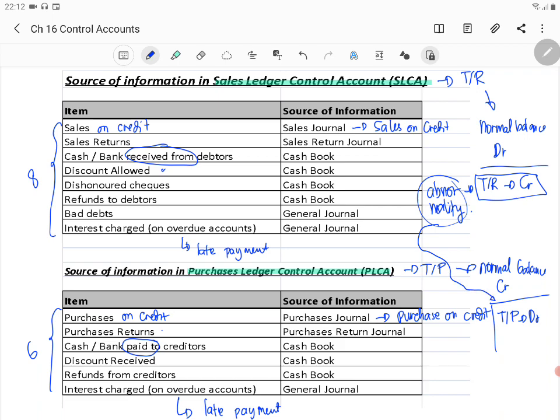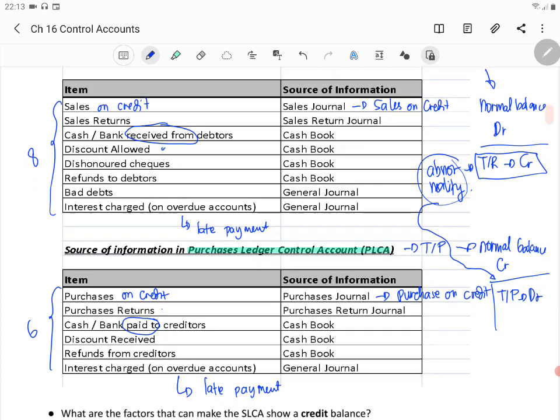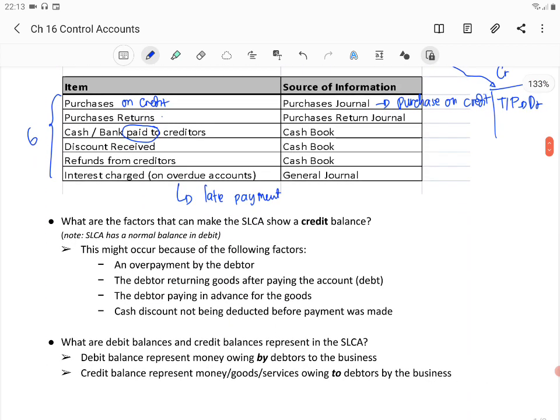Normal balance for TR is debit, but there's a possibility TR having a credit balance. TP, normal balance, is on the credit side, but there's also a possibility that TP is having a balance on the debit side.